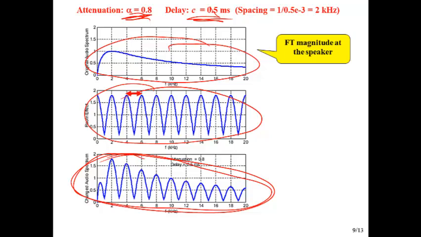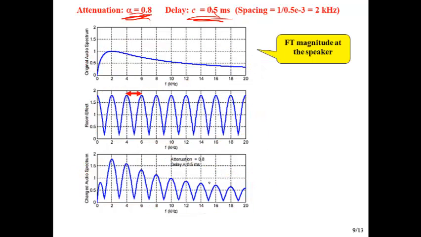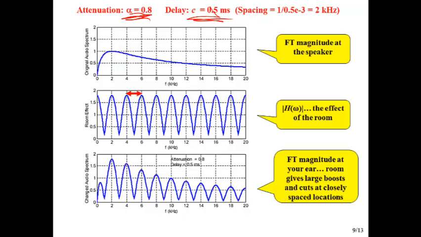And so again, whether this is going to be a serious degradation to the audio or not, I can't really say for sure. But it is illustrating that the room is doing something bad to the signal. So again, we get this bottom one by taking the top one times the middle one. That's what our theory shows us.